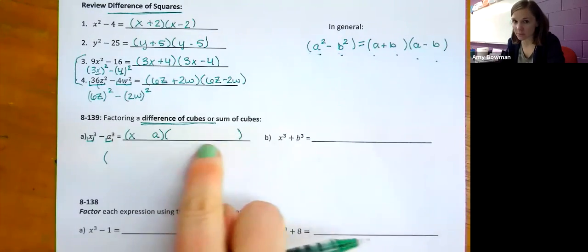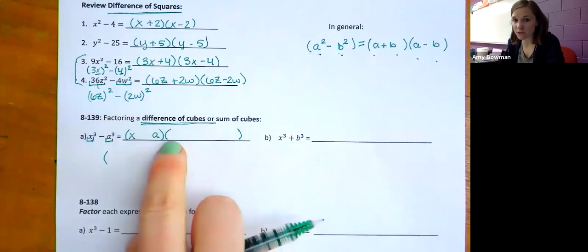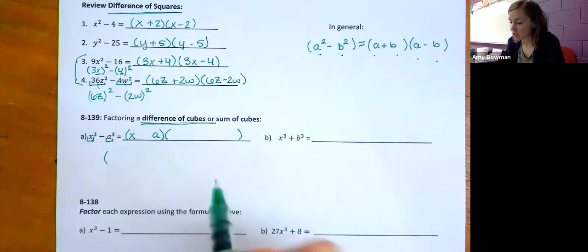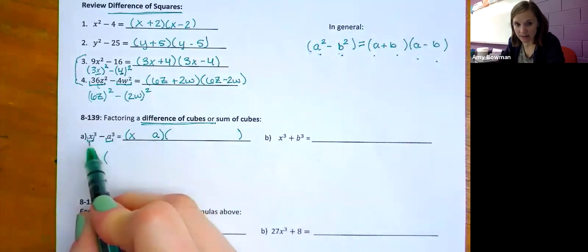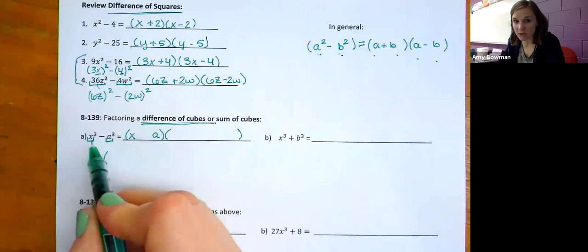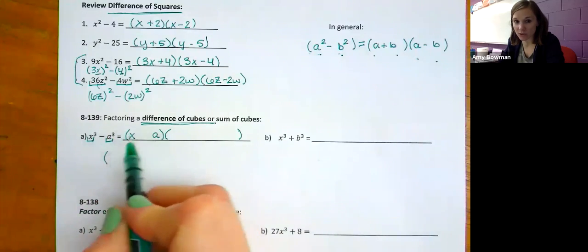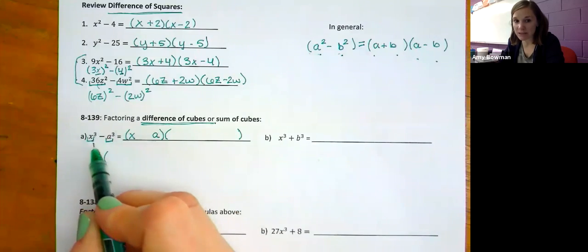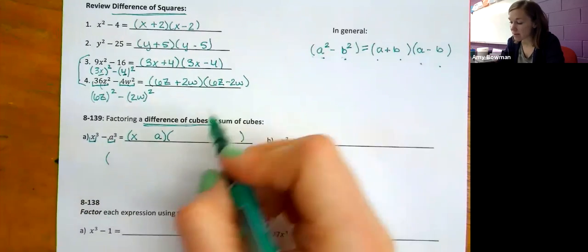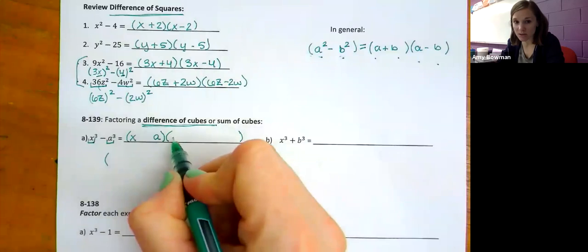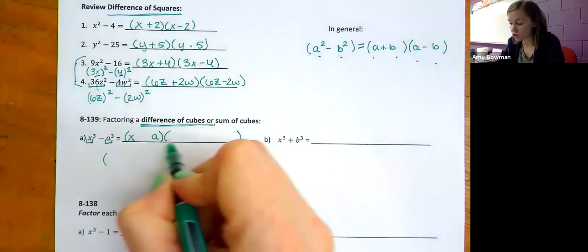Now for the trinomial, here's the pattern. The first and last terms are the squares of x and a. Remember that these are both perfect cubes. Whatever I'm cubing to get x cubed and a cubed, I'm actually going to square those terms for the first and last terms of this trinomial.